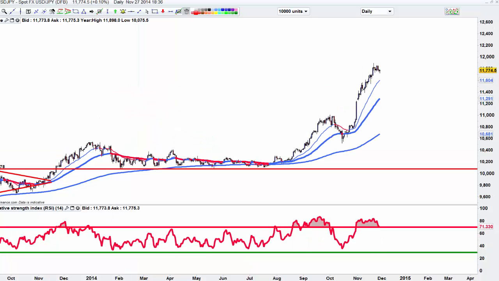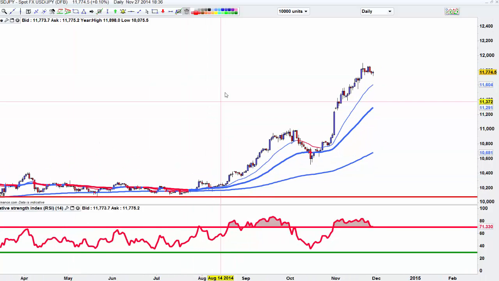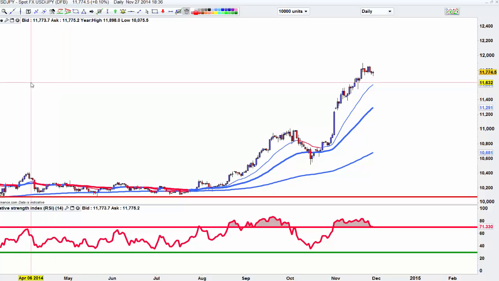US dollar yen, I'm long this one. Bought the lows here. Again, this has been a nice break up on, is this Monday? Yeah, nice break up on Monday, into resistance and sold off on Tuesday.